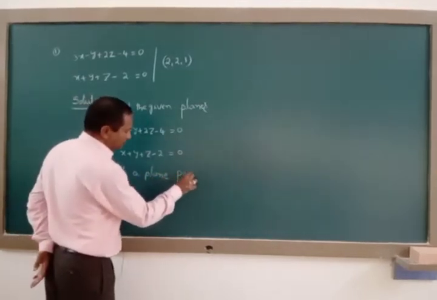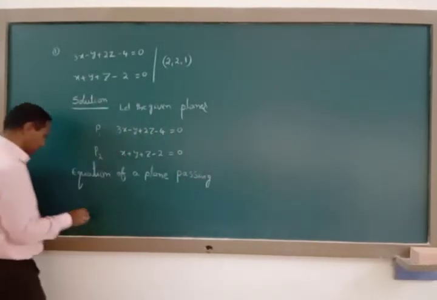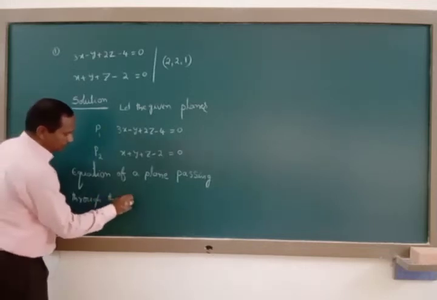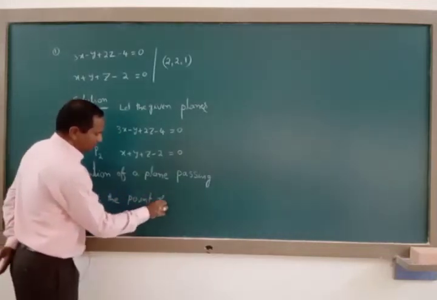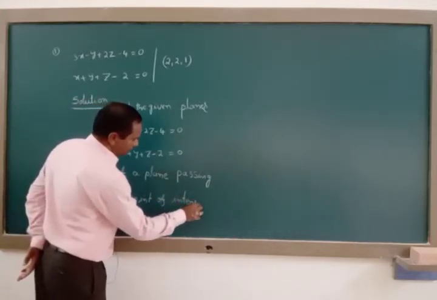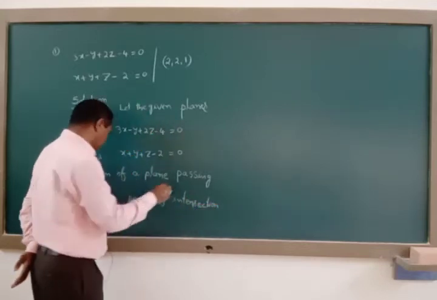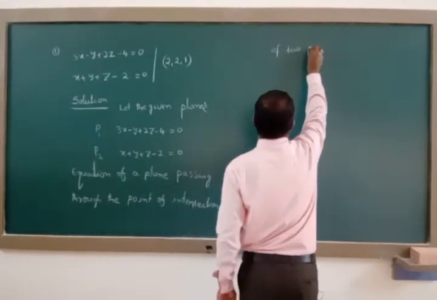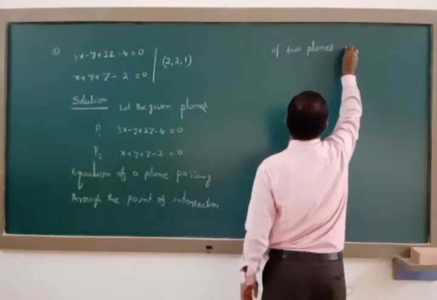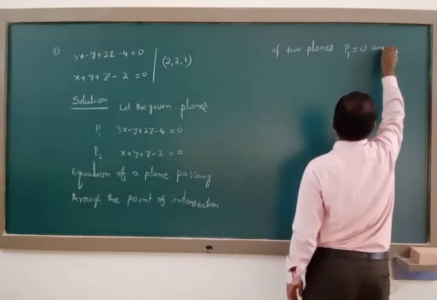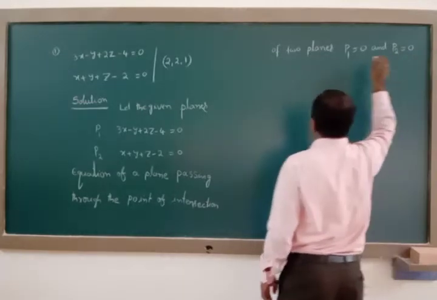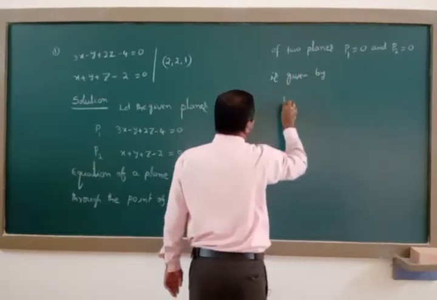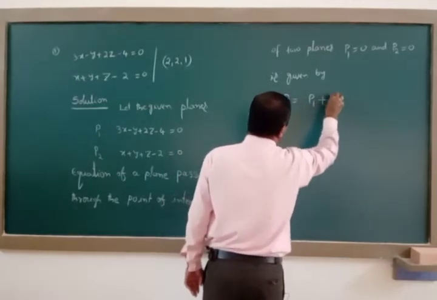The formula for this question is: the equation of a plane passing through the point of intersection of two planes P1 is equal to 0 and P2 is equal to 0 is given by P is equal to P1 plus lambda into P2.